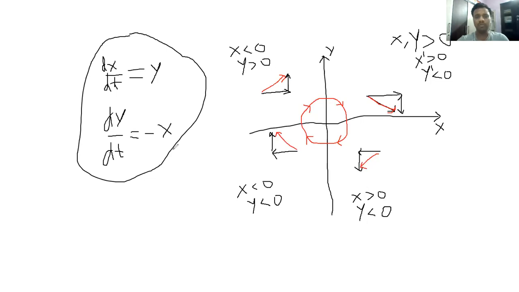And the same pattern you can do for different models. So this is the basic concept behind the phase plane, and this is known as phase plane analysis. And now we come back to our example.